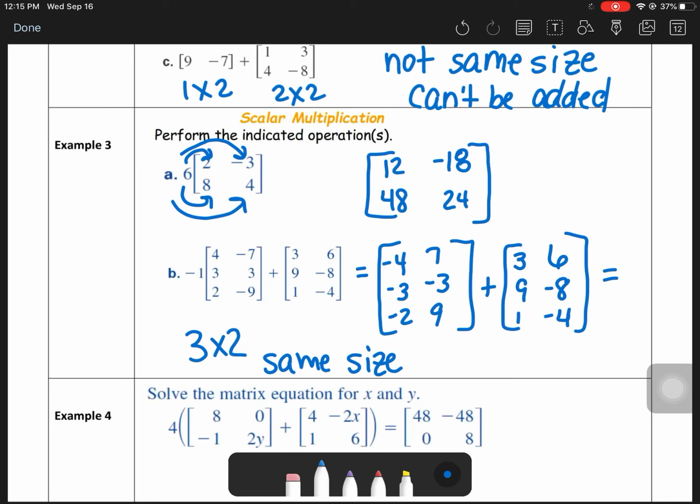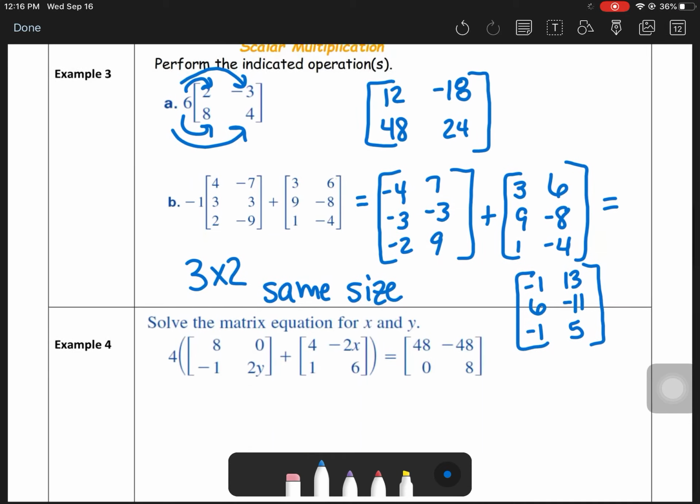When we are adding those together, remember you add the same position. So -4 plus 3 would be -1. -3 plus 9 is 6. -2 plus 1 is -1. 7 plus 6 is 13. -3 and -8 are -11. 9 plus -4 is 5. So we did scalar multiplication and we did addition.